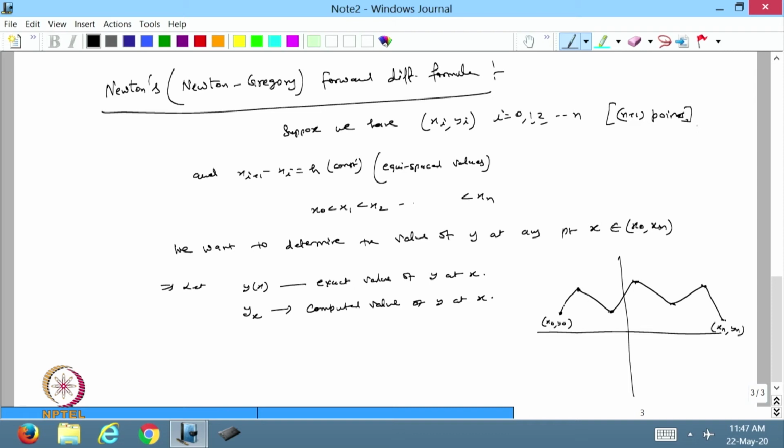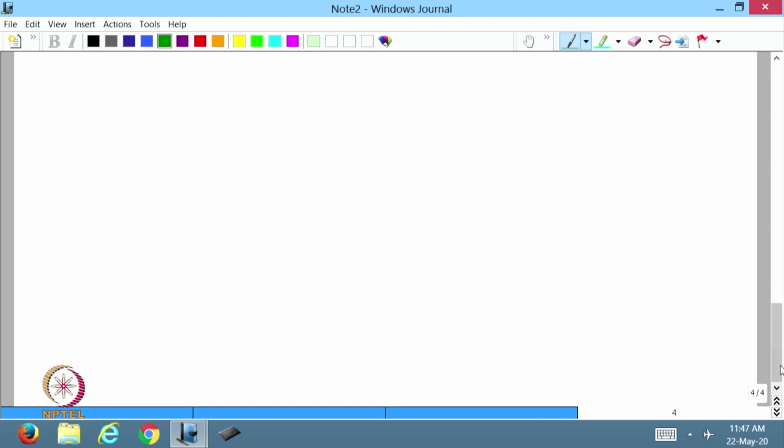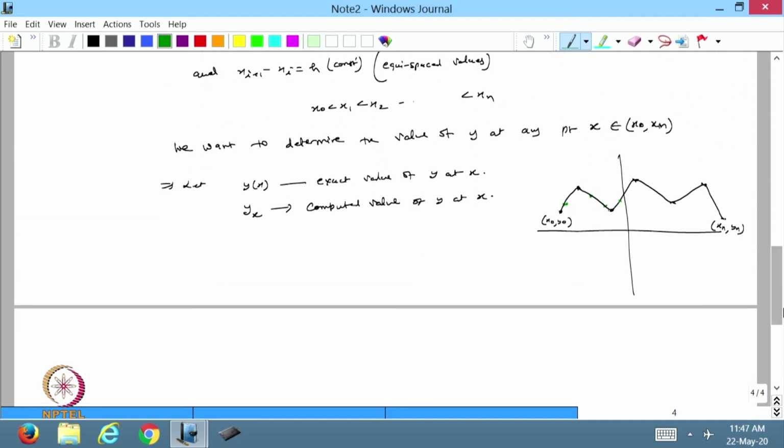So, my x can be here, here, here, any value I want to find, and y(x) is the exact value of the function at this point, and y subscript x is the computed value of this one. So, this is my interpolating polynomial.